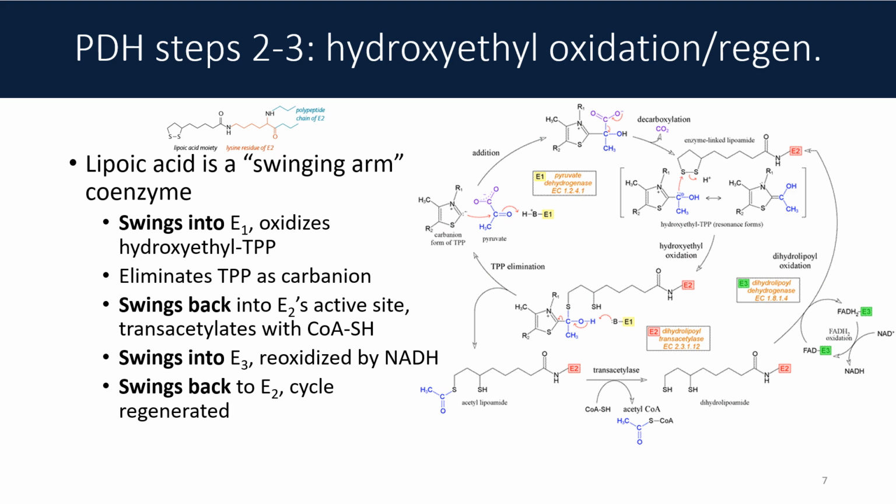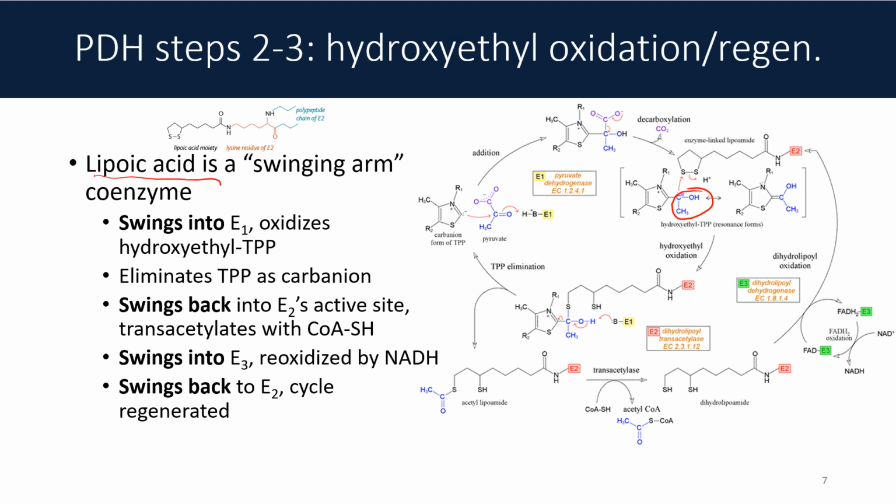E2 and E3 of pyruvate dehydrogenase complex actually occur kind of together, and I promise it's not nearly as bad as it looks. The goal here in these two reactions is to remove this 2-carbon unit that we just superglued onto our thiamine. And to do that, we can remove this hydroxyethyl intermediate with another cofactor called lipoic acid.